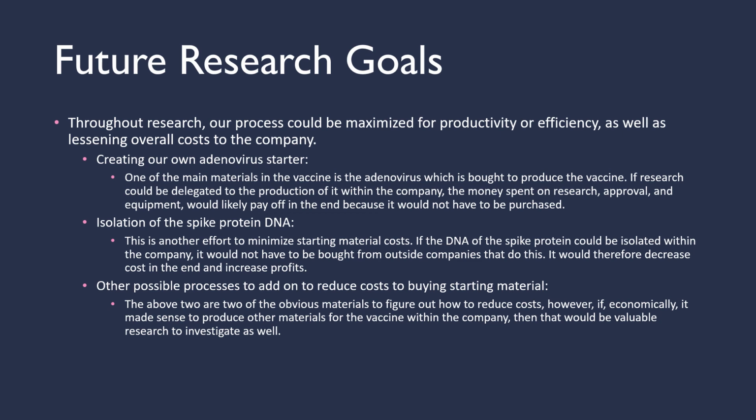Down the line, it also might be economically advisable to add on other processes to reduce starting material costs. This would then, in turn, increase the profits for the company, allowing for delegation of funds to go towards other aspects of the drug, increasing its efficacy and safety.